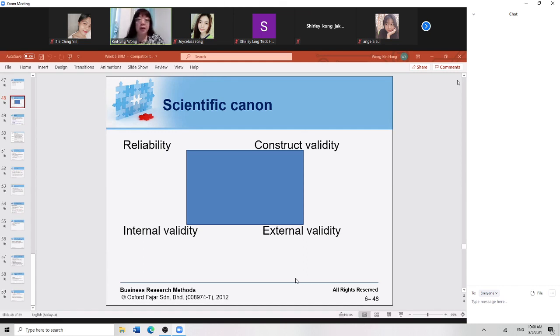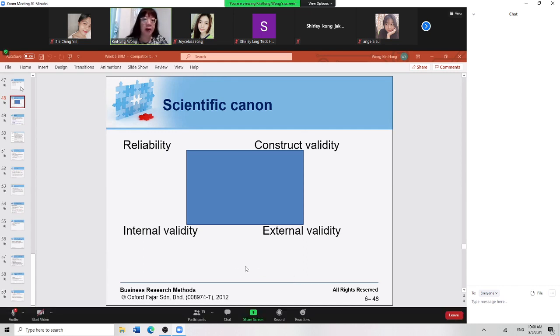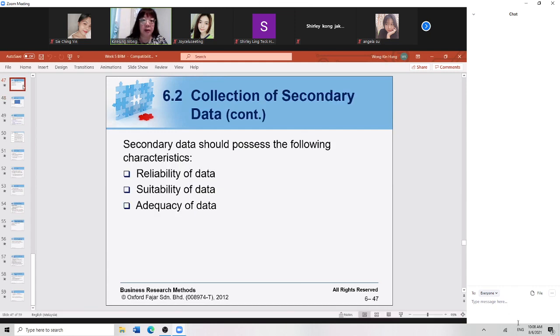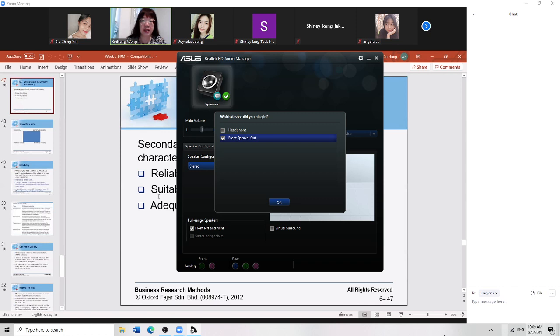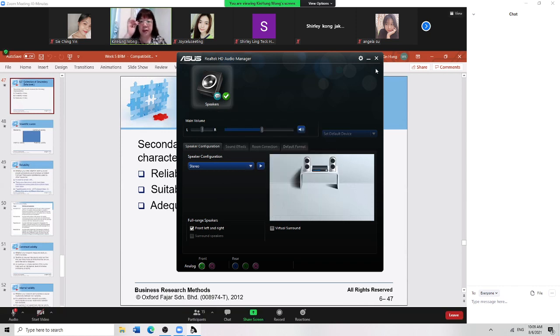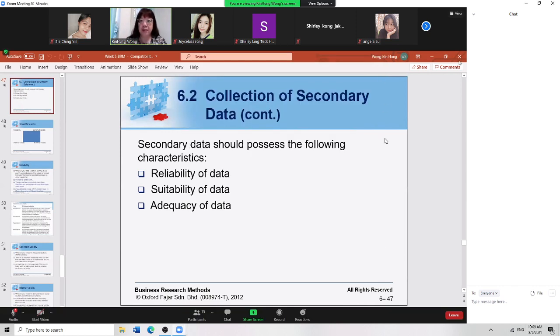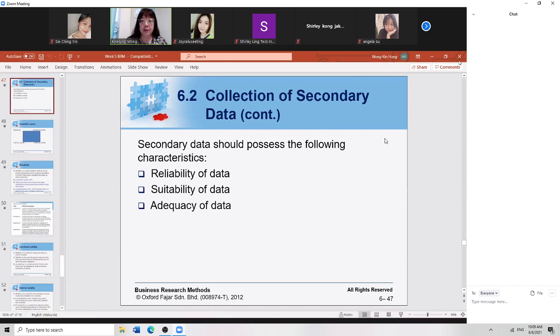Okay, so last week we stopped at collection of secondary data. Secondary data should possess the following characteristics. The data that you collect must be reliable, it must be suitable for your research purposes, and it must be adequate.